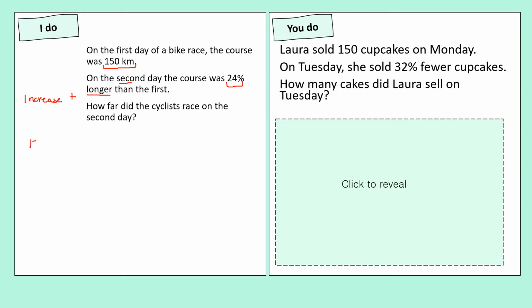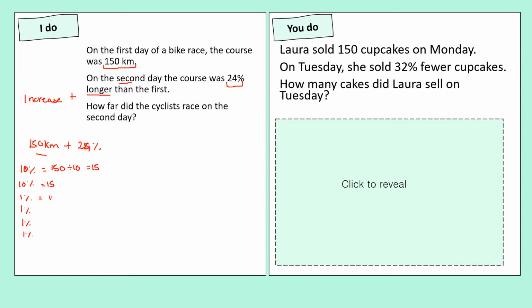So we know that it's going to be 150 kilometers plus 24% of that value. So to find 24%, I'm going to split that into 10% twice, and then 1% 4 times. So 10% is going to be 150 divided by 10, which gives me an answer of 15. And obviously that one's also going to be 15.